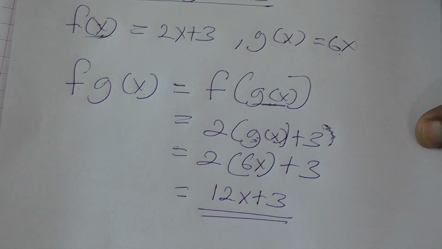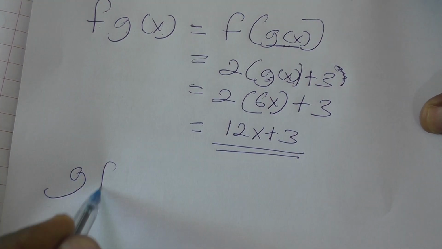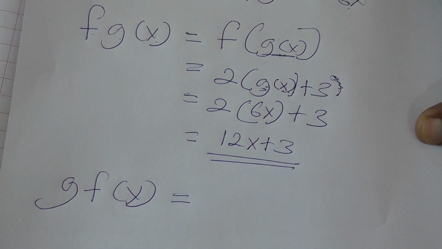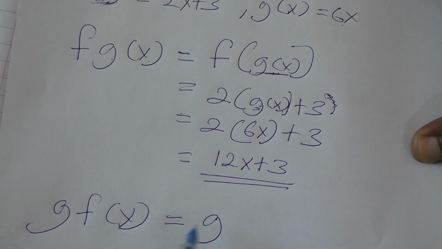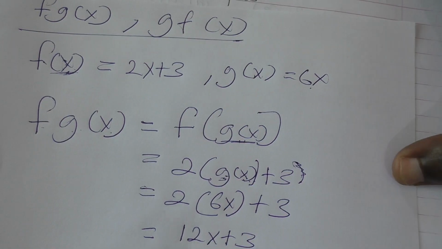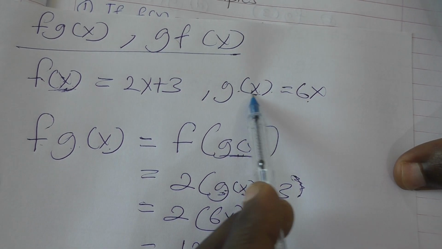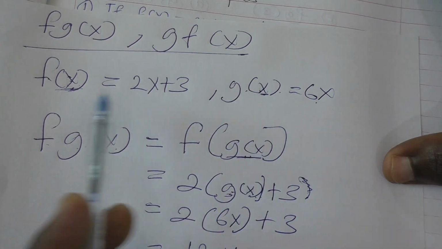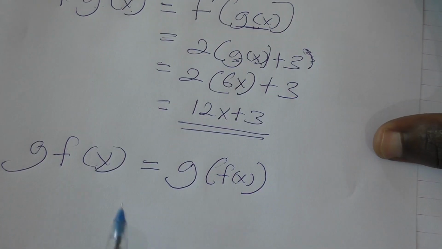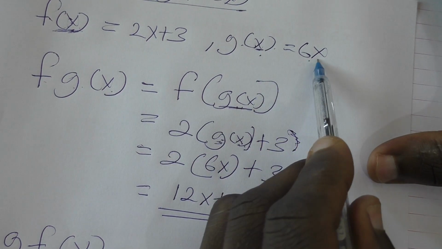composite function. Similarly, if we are to look for gf of x, that means that we are getting g of f of x. So in the expression for g of x, we are replacing x with f of x. So this means that g of x is 6x.